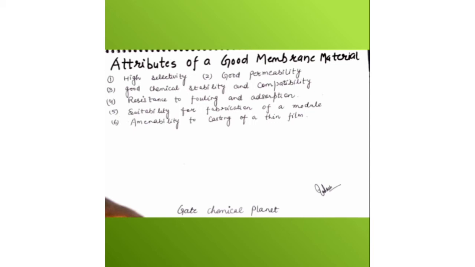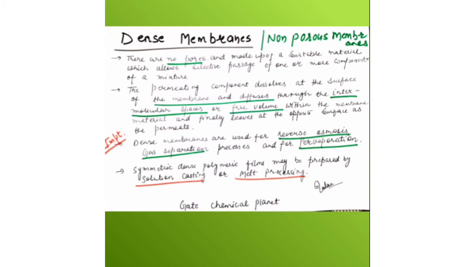So now we will come to dense membrane. We will discuss dense membrane in more detail. Dense membranes are also called non-porous membranes. Dense membranes are the membranes having no pores and made up of suitable material which allows selective passage of one or more components of a mixture.